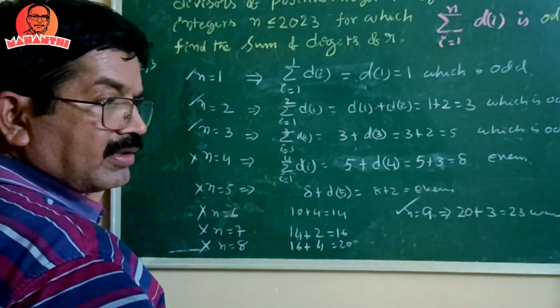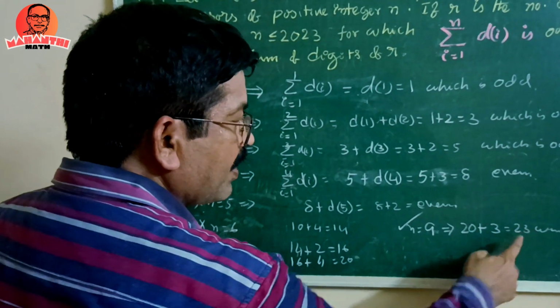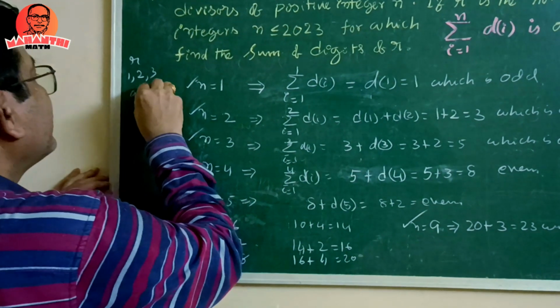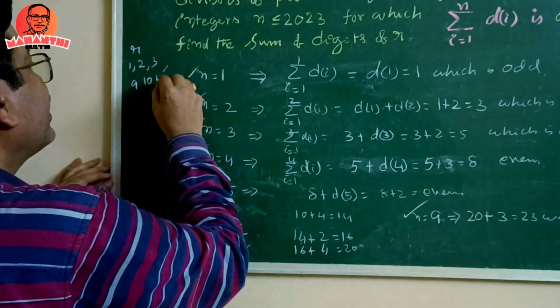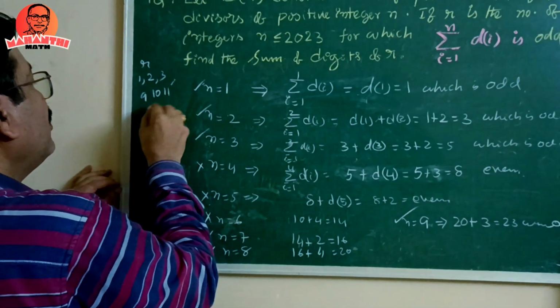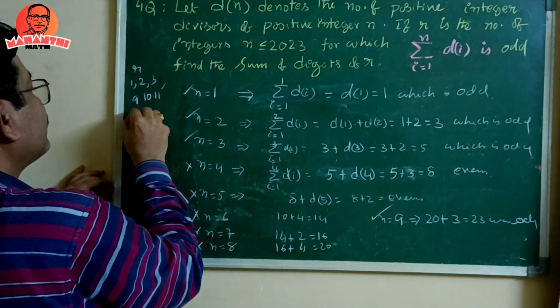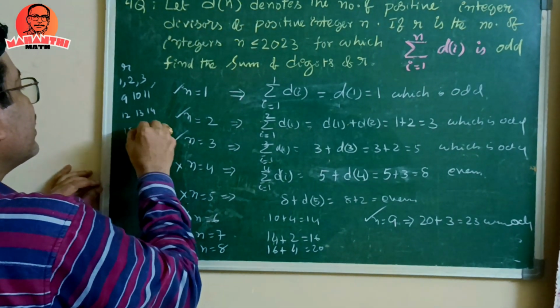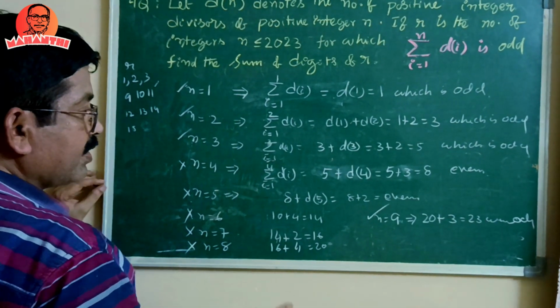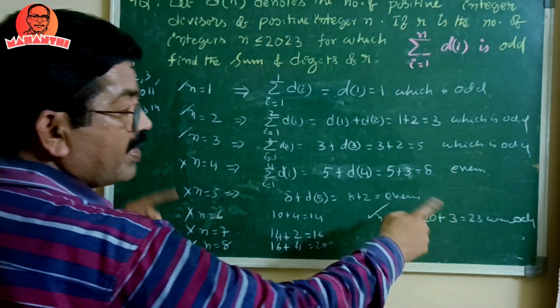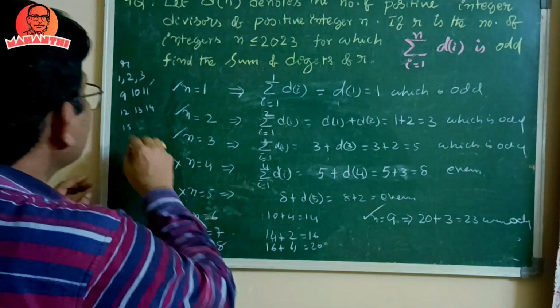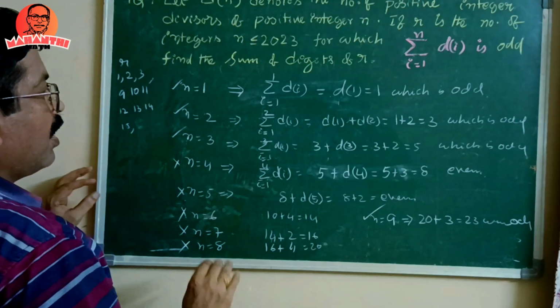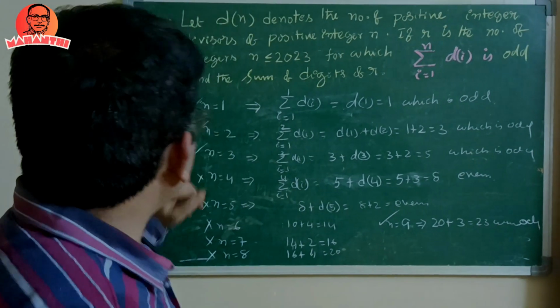Next 10: an odd number plus an even number is odd. So 10 also we can take, 11 also we can take, and up to 15 we can take. Then 16: the 16 has an odd number of divisors and our previous sum is odd, so an even sum will come. 16 we don't take.